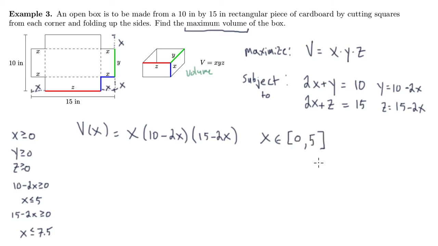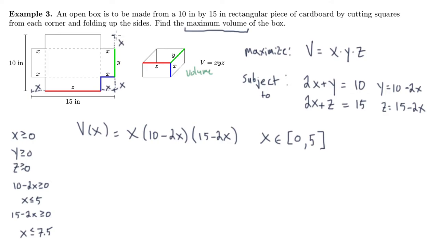And if you want to visualize this in the problem, look at the shorter dimension. Think about the largest cut x I could make into the corner of this 10 by 15 piece of cardboard.